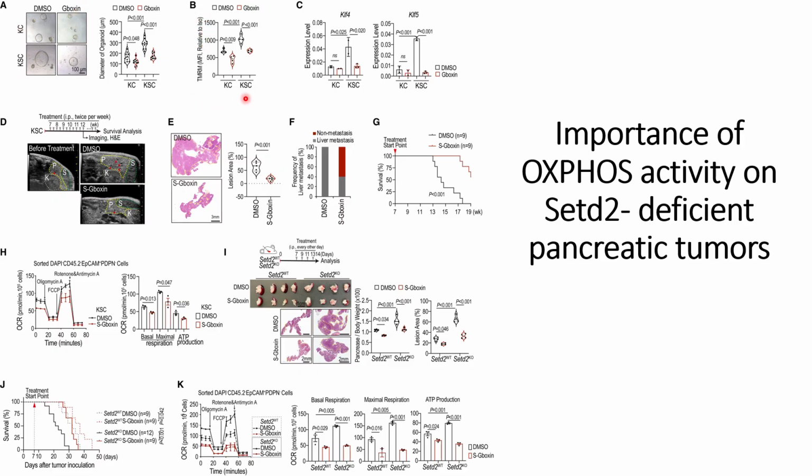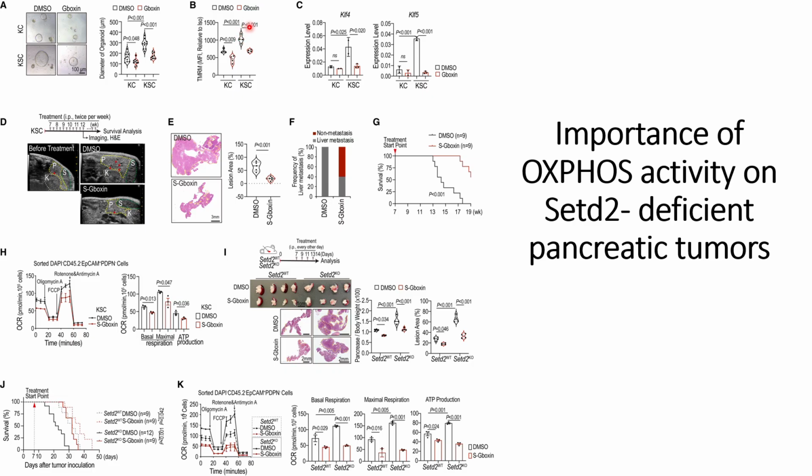And thereafter they checked, since an increase in OXPHOS is considered to be tumor stemness, that is, tumor cells that acquire stem cell-like characteristics, the other factors of stem cells in those organoids. They found that in the case of KSC these stemness factors are high, and when they are treated with Gboxin, those stemness factors go down significantly.